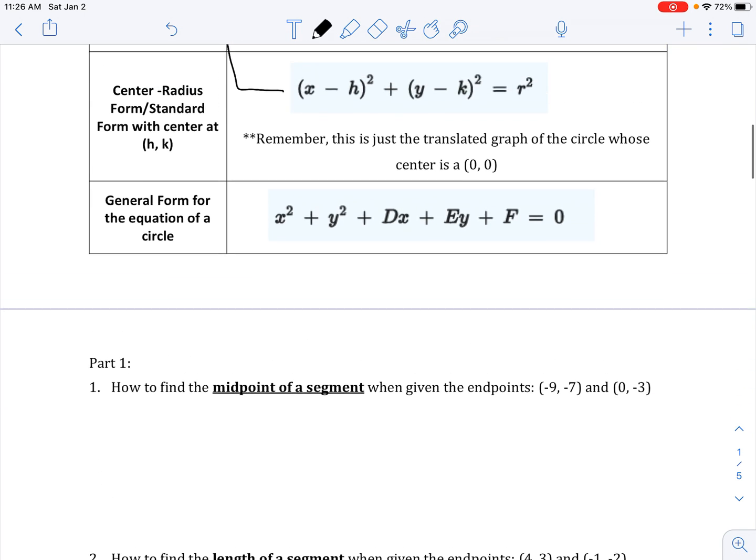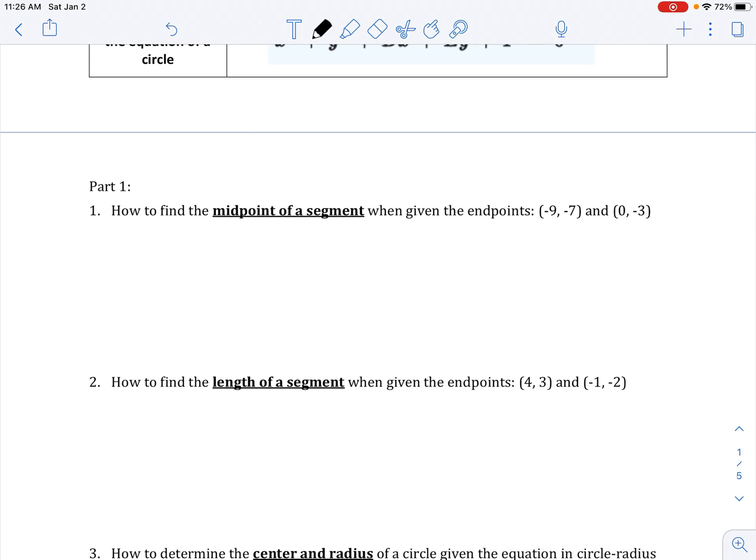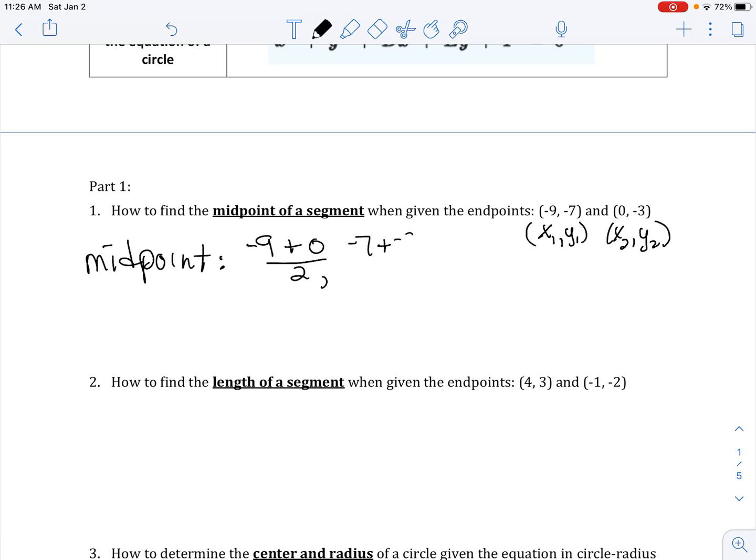All right, so let's review how you find the midpoint of a segment using the midpoint formula. So we're going to let this be x1, y1, so -9, -7, and this be x2, y2. The midpoint is the average of the coordinates. So we're going to add -9 plus 0 and divide by 2, -7 plus -3 and divide by 2.